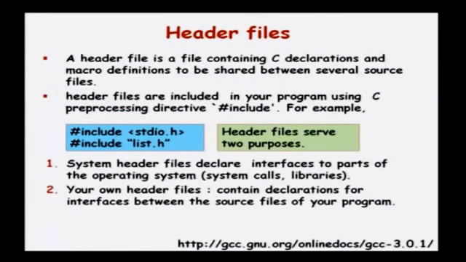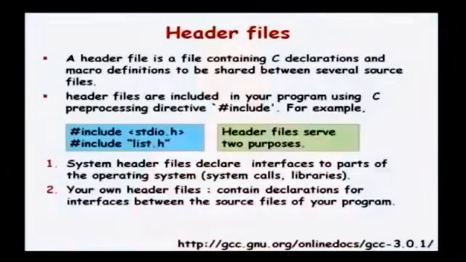Okay, so let's look at header files. A header file is a file containing C declarations, macro definitions, etc., to be shared between several source files. Header files are included in your program using the C preprocessor directive #include. For example, we have seen #include <stdio.h> and #include "list.h".